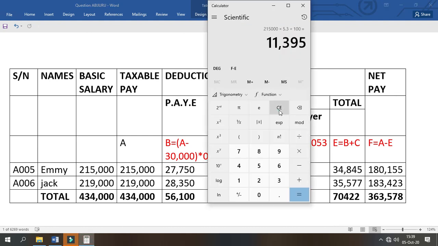Take 219,000 multiplied by 5.3 over 100, which is equal to 11,607.